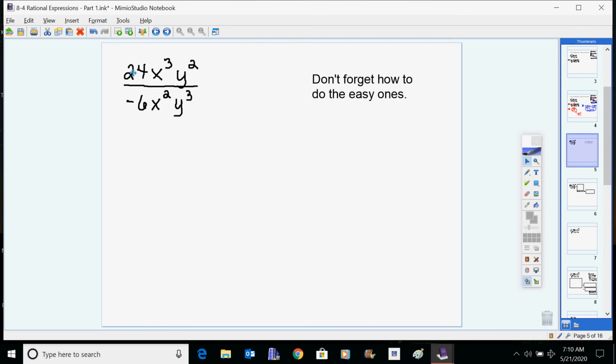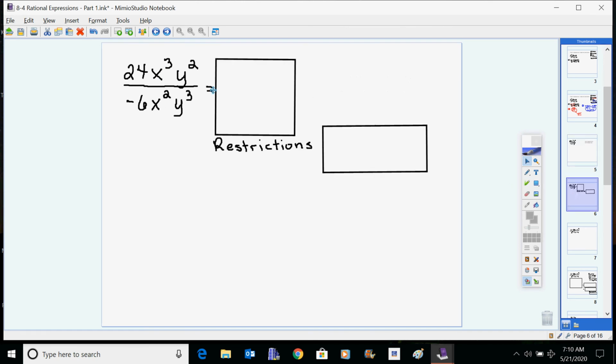We do have factors, like here we have 2 and 4 and all those things that are factors, but you don't have to actually factor it out. You don't have any polynomials. So what you can do is use the rules that we've had all the time for factors, because you're canceling out the factors in the numerator and the denominator.